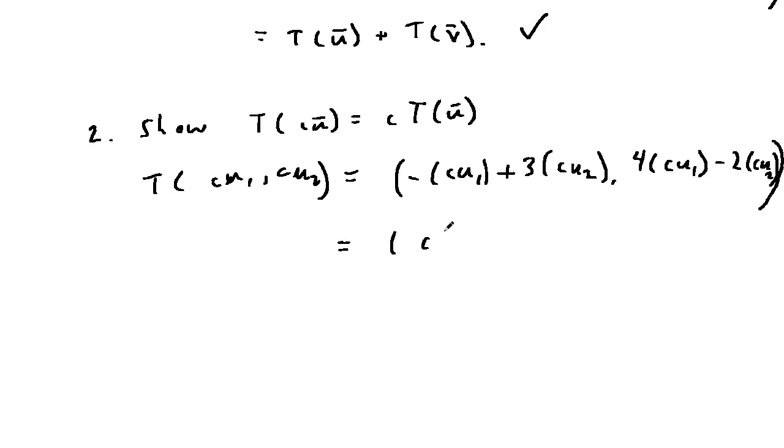Now let's pull that c out from here and here. Same thing on this side, pull that c out. And finally from this entire vector, pull that c out.